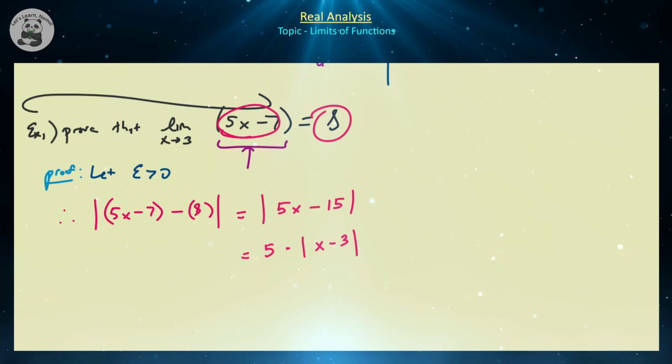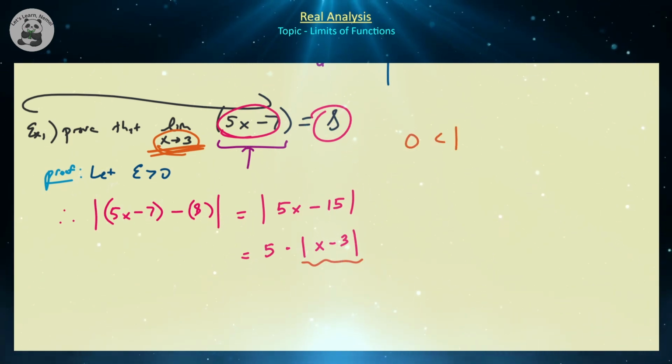Now what's very interesting here is we have this absolute value of x minus 3, and 3 is precisely the value a that we're interested in finding the limit at, right? Because what we want is our absolute value of x minus a to be arbitrarily small as well.